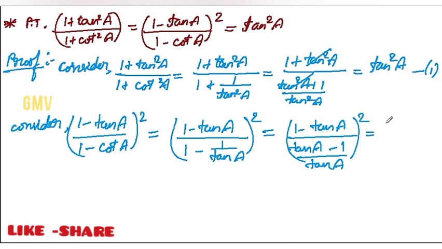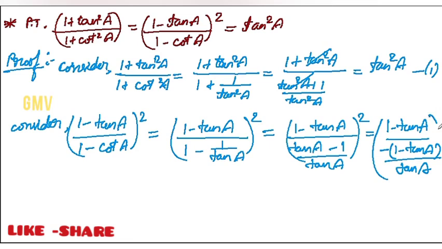So in the next step we get 1 minus tan A by, now we have to take the minus as common in the denominator, so we get 1 minus tan A again whole divided by tan A whole square is there.